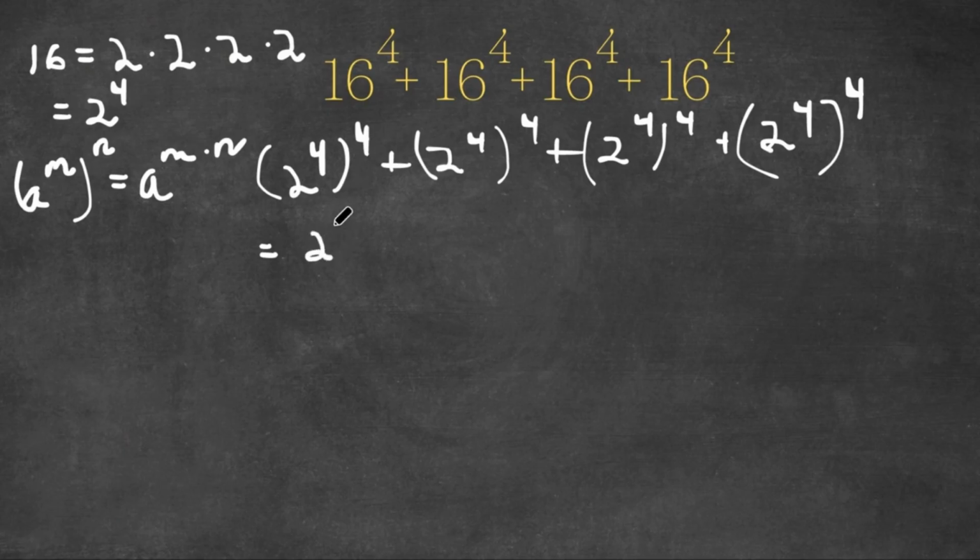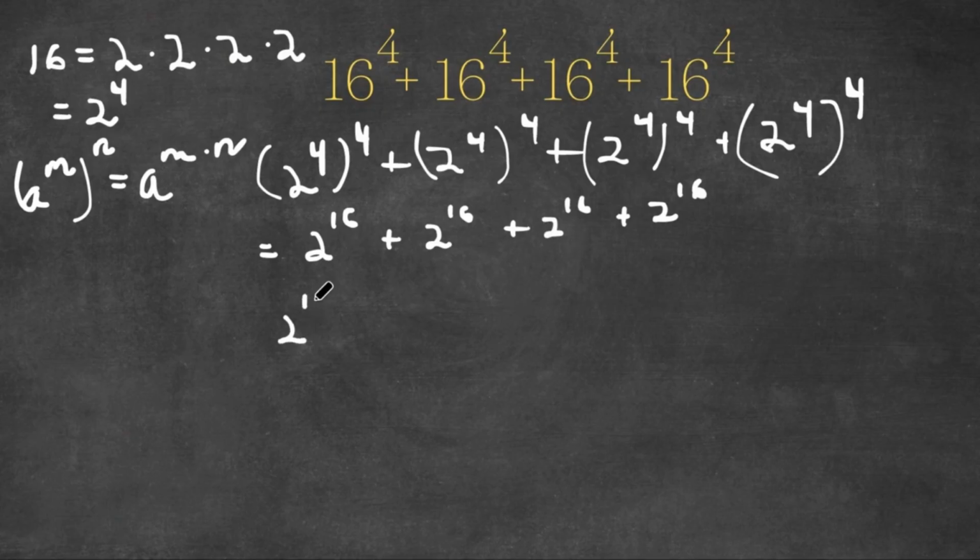So this would equal 2 to the power of 16 plus 2 to the power of 16 plus 2 to the power of 16 plus 2 to the power of 16. Now right here, I'm just going to factor out 2 to the power of 16.